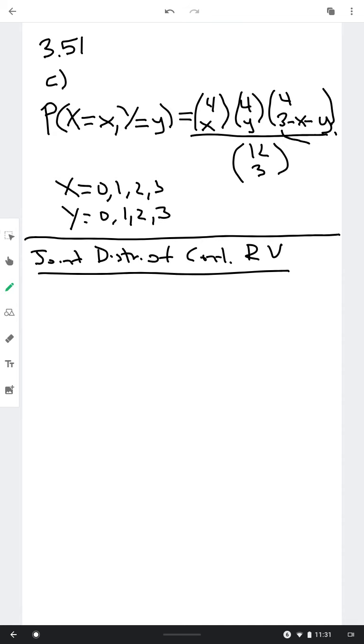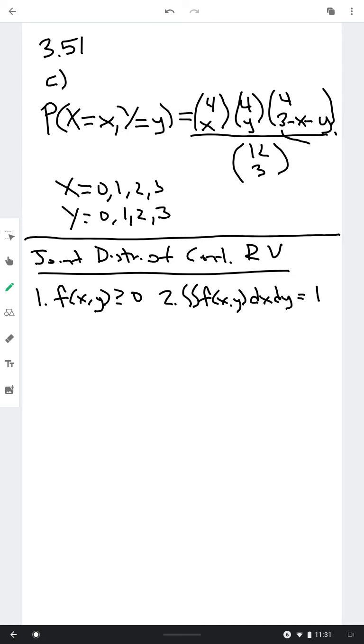For that, we have our joint density function. It has to satisfy 3 conditions as well. f of x,y has to be greater than or equal to 0. And then when we integrate f of x,y over all x and y, with dx dy or dy dx, it doesn't really matter which one, it has to be equal to 1.